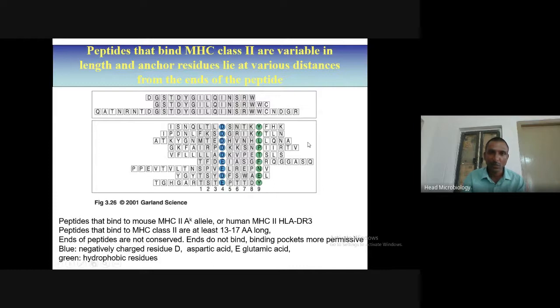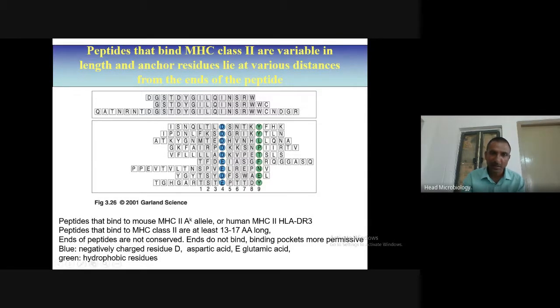Here also we are collecting different types of sequences. Peptides bind in class 2 MHC with variable length, and anchor residues lie at various distances from the ends of the peptide.